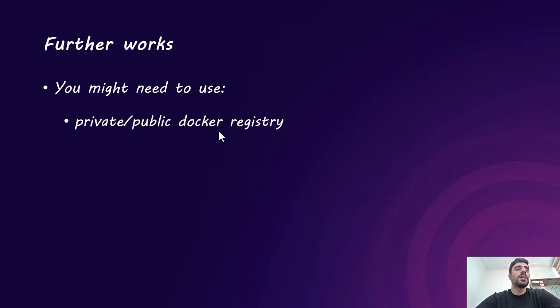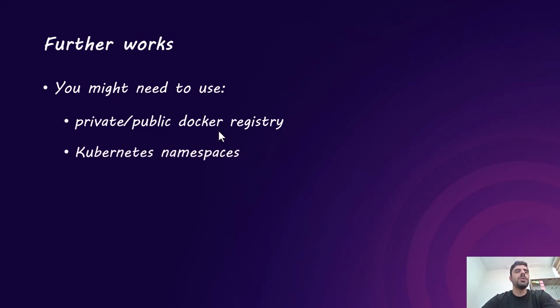As you see, it's a really simple approach to Dockerize and deploy an application on Kubernetes. You might need to do some further work in order to make this solution fully work in your production environment. You might need to use private or public Docker registries and push your Docker image into them.